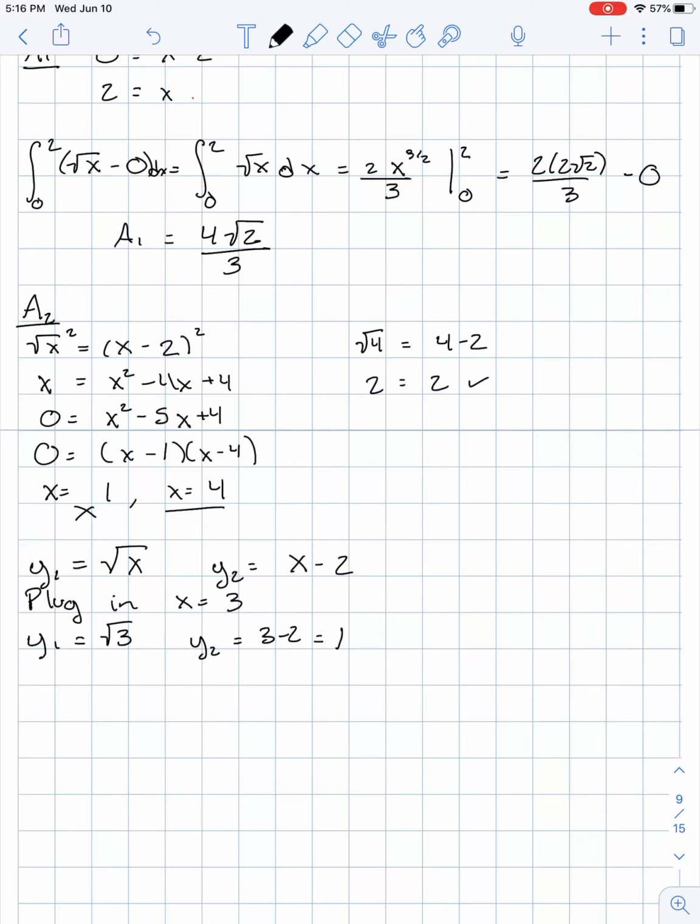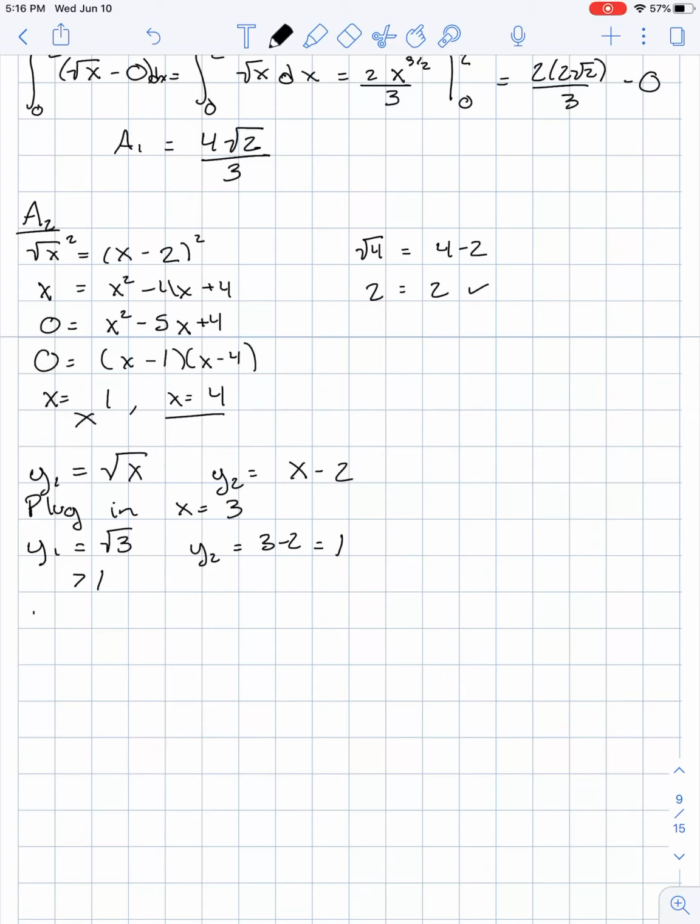Well, I don't know what the square root of 3 is, but I know that the square root of 1 is 1 and the square root of 4 is 2, so the square root of 3 has to be between 1 and 2, so greater than 1. So that means y1 is going to be on top.